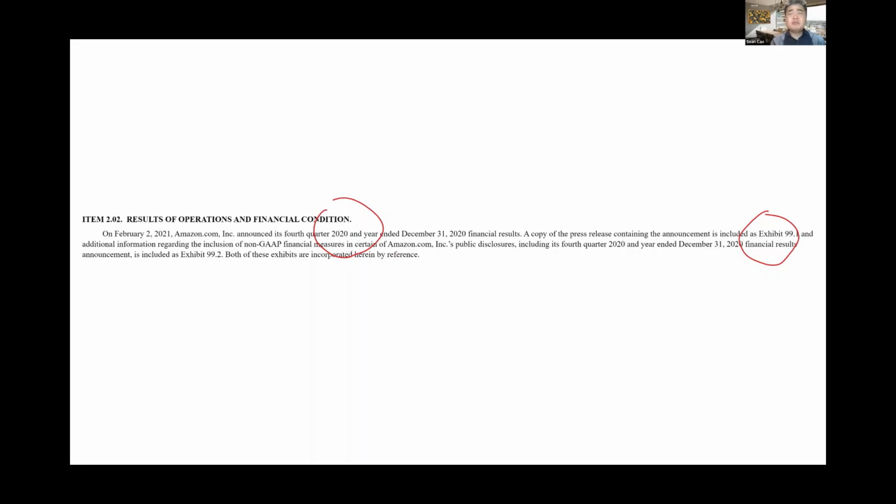Some of you may ask me one question: can we get the performance from the quarterly report or annual report? Why do we need the performance information from the 8-K 2.02? I don't know if you had that curiosity before I told you. Let me repeat my question one more time. Item 2.02 is about the firm's earnings, operational performance, sales, cash flow, all these numbers.